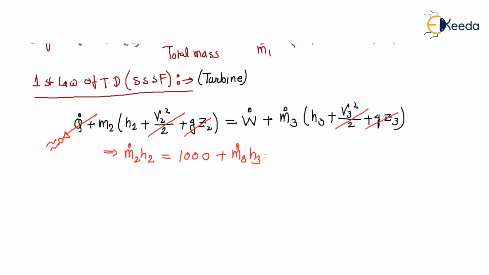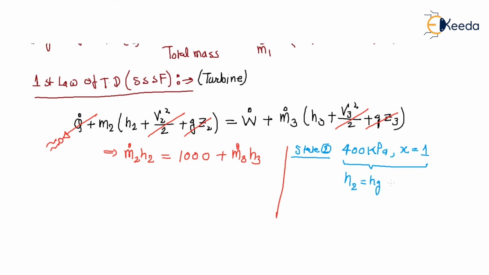But how do we calculate h2 and h3? For state 2, it is at 400 kilopascal and it is saturated vapor, so x is equal to 1. From this we can easily find h2 is equal to hg at 400 kilopascal.